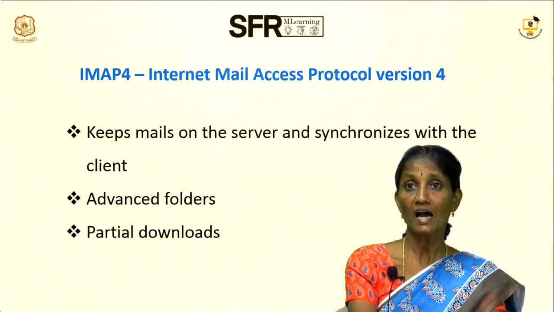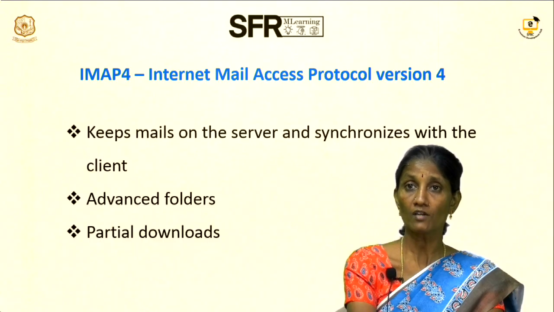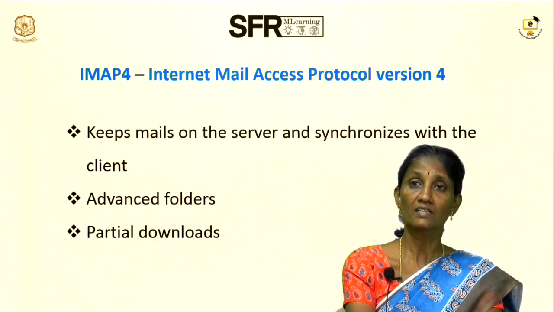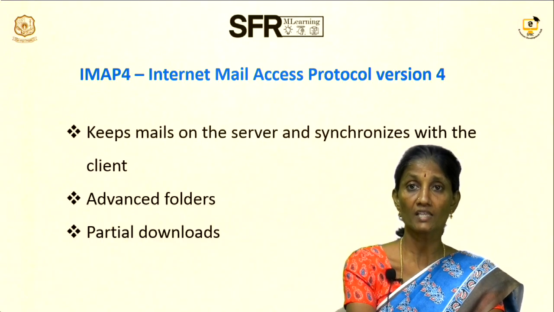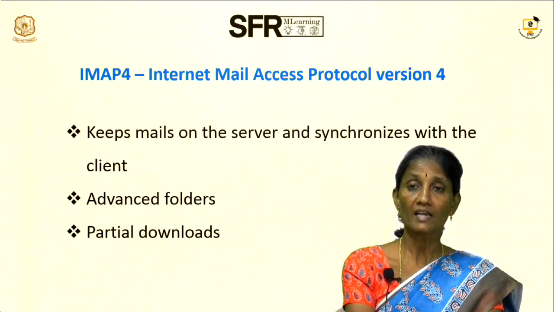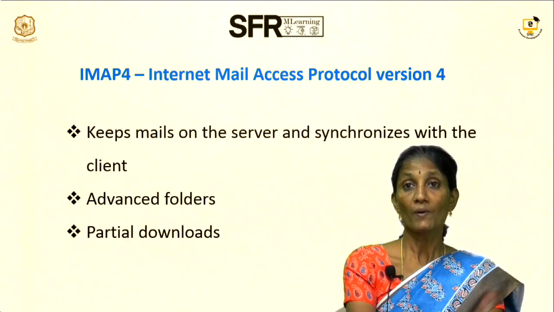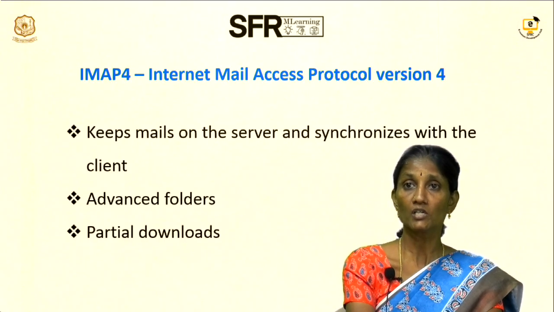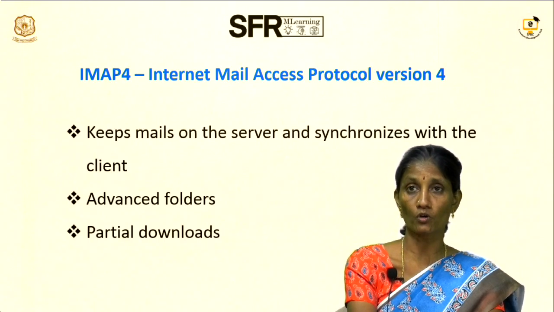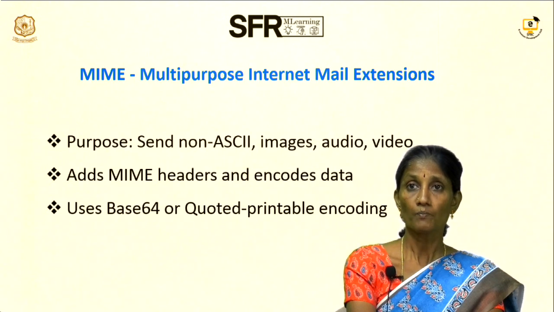Next one is the IMAP, Internet Mail Access Protocol version 4. It keeps mails on the server and synchronizes with the client. We are maintaining advanced folders. We can also partially download the messages by using this protocol. And MIME, multipurpose internet mail extension.